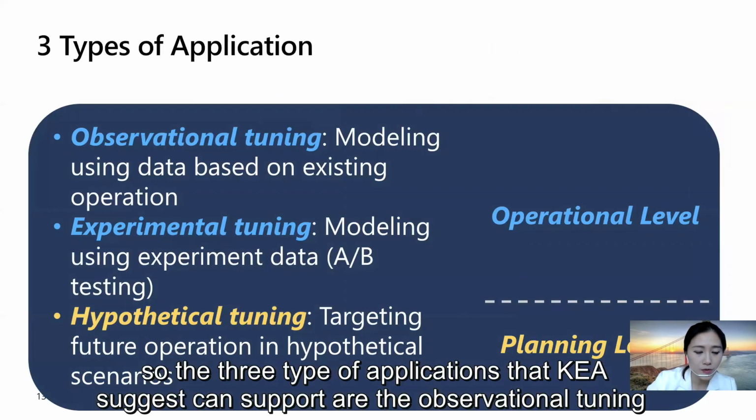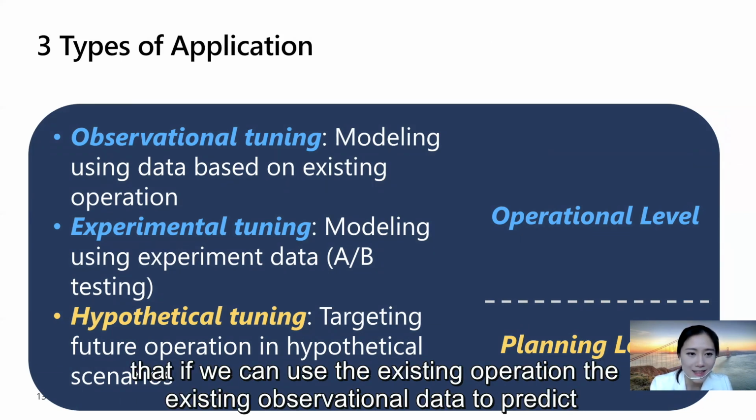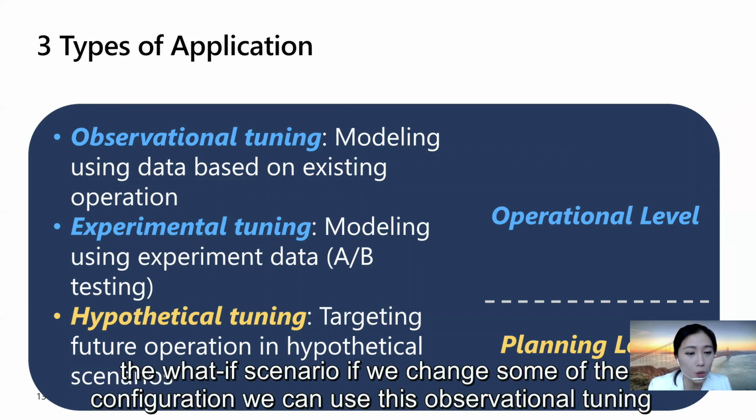So the three types of applications that KEA can support are observational tuning, experimental tuning, and hypothetical tuning. Observational tuning means that we can use the existing observational data to predict the what-if scenario if we change some of the configuration.